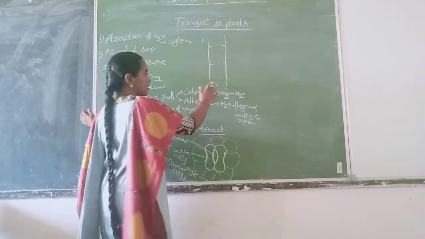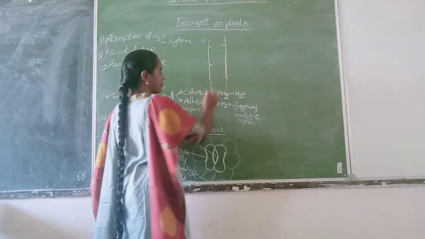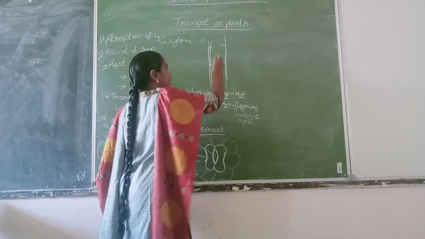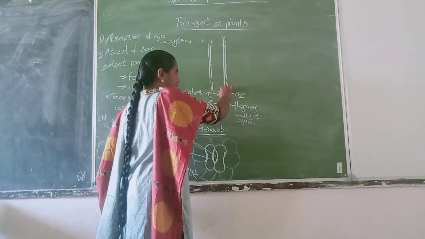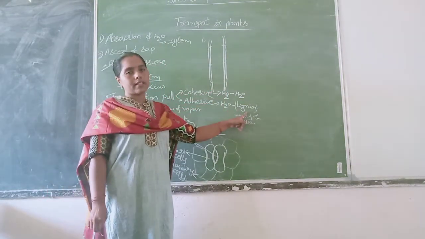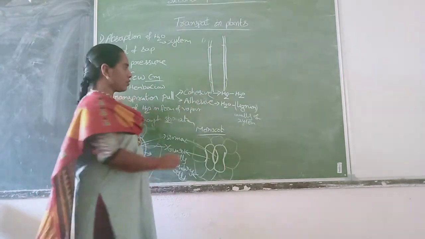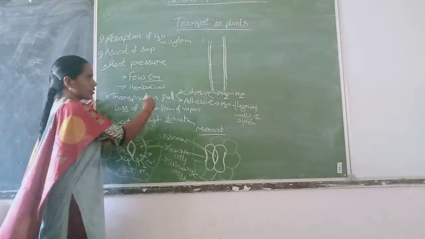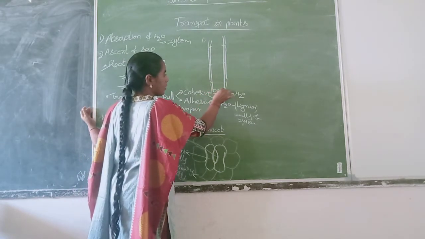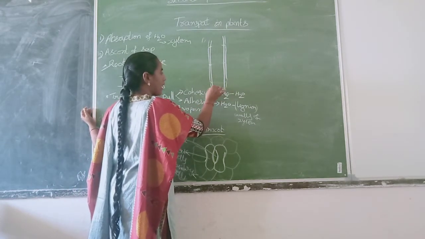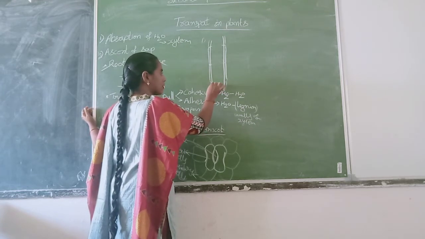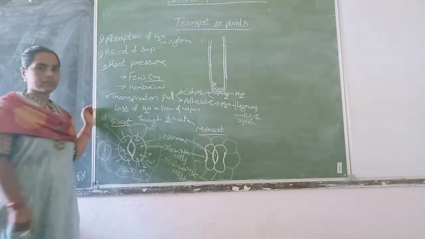So here, if this is the xylem, the walls are coated with lignin substance. The xylem inner walls have a lignin layer. So water which entered into the xylem from the root hair has attraction with the lignin.